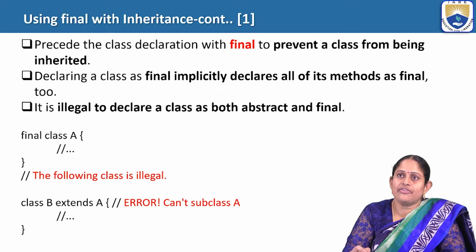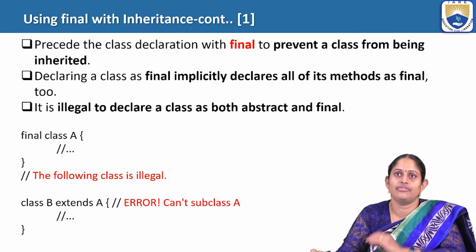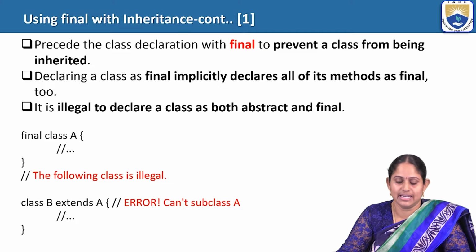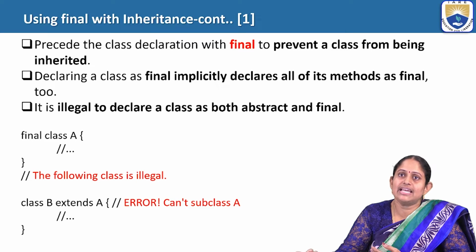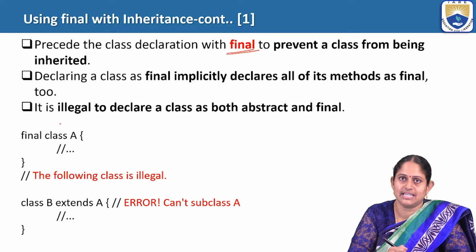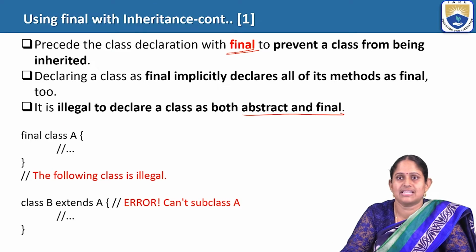Now, if we use final over a class, then that class cannot be inherited by any other class. If we make any class a final class, then it cannot be inherited. Also, if we declare a class as final, all of its methods will be final. Using final over a class prevents inheritance, and you cannot declare a class both as abstract and final.